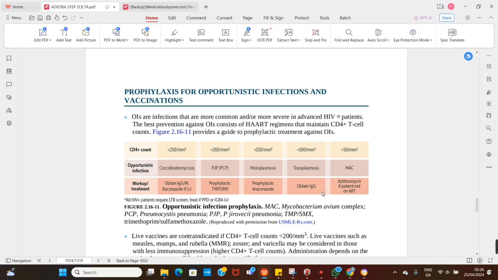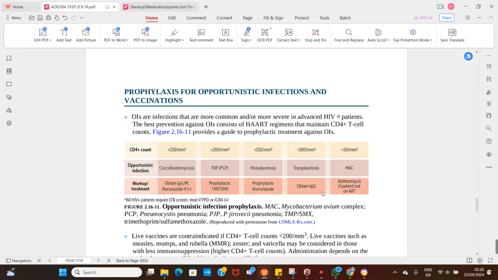So before some of those infections even start developing, you want to give prophylaxis against them sometimes, so that you can arrest them from developing. So remember the MOSIS are the coccidioidomycosis, the toxoplasmosis, and histoplasmosis. Then the last two are the avium and the PCP. Everybody knows PCP. Everybody knows the avium. So starting from the highest, when the CD4 count is getting low, like less than 250, think about coccidioidomycosis.